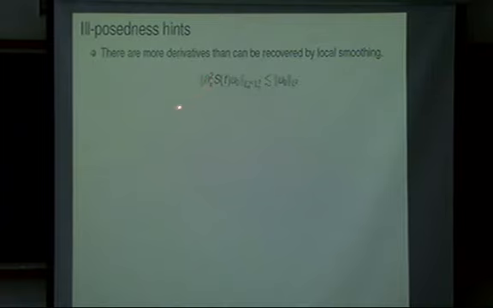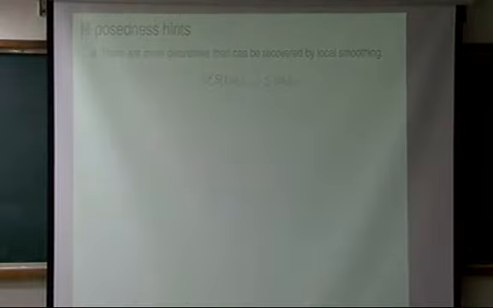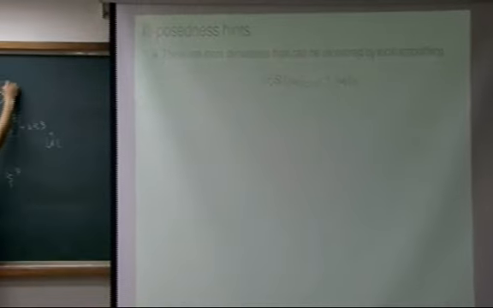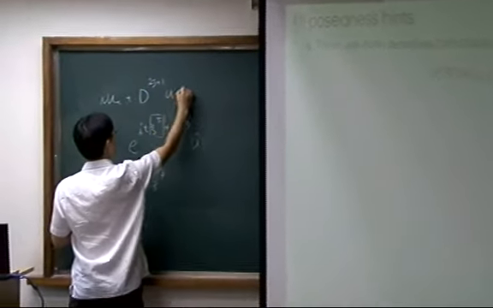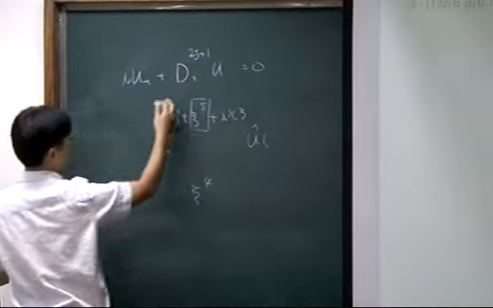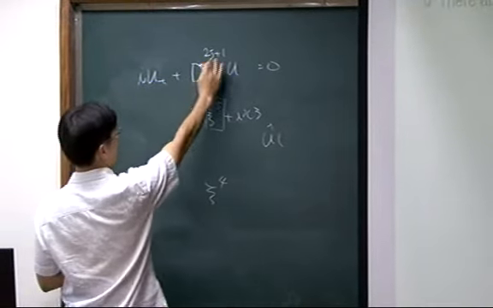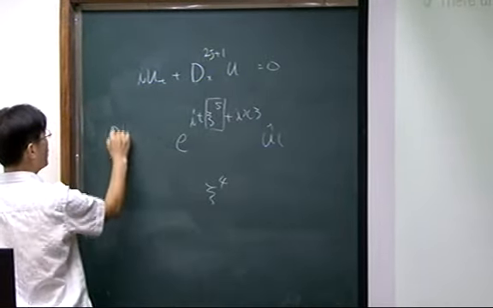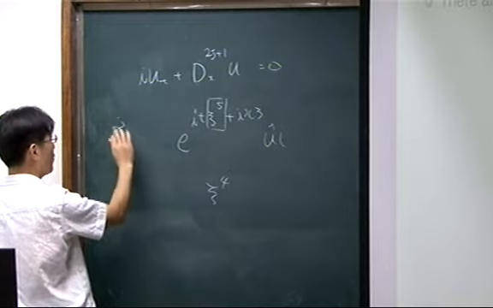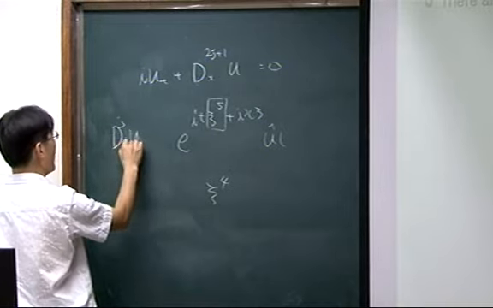But in the fifth order equation, because it has the stronger dispersion, the local smoothing estimate recovers two derivatives, which is better than the KdV. Okay? So in general, if the equation has order 2j plus 1, then the local smoothing estimate recovers j derivatives.